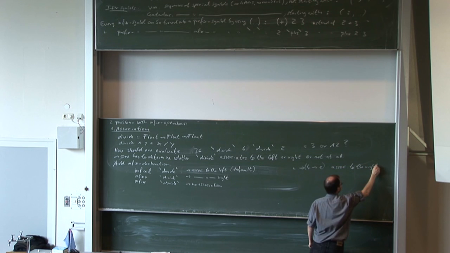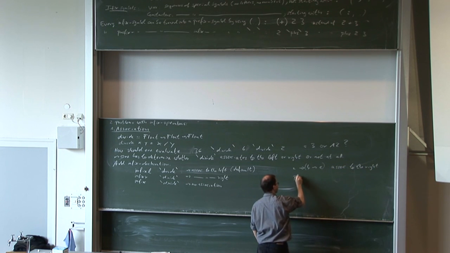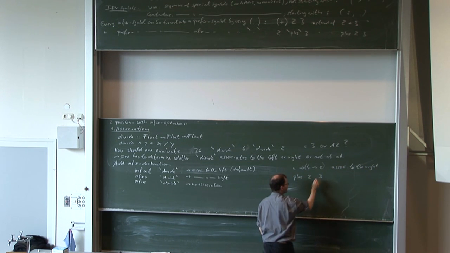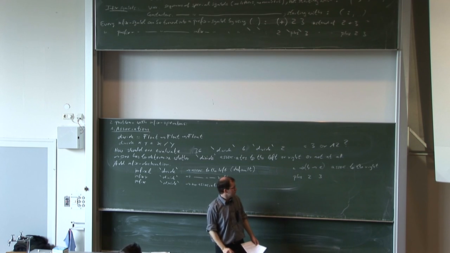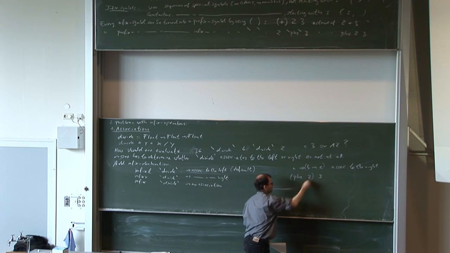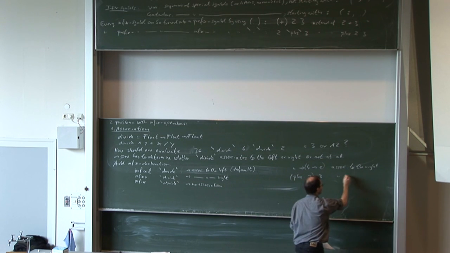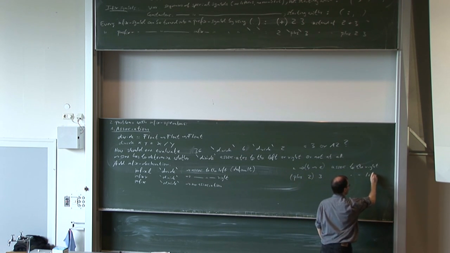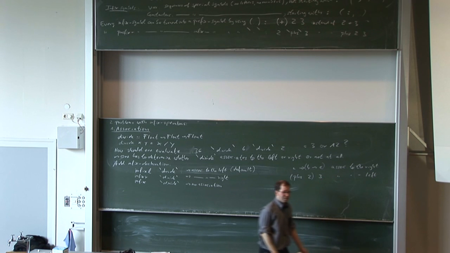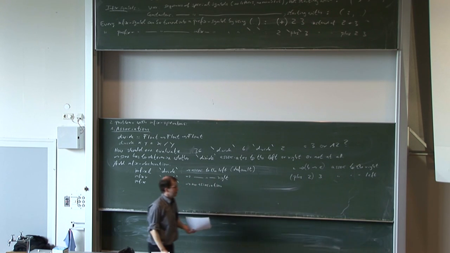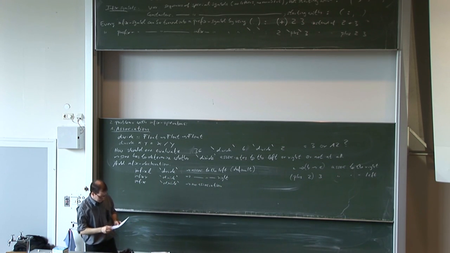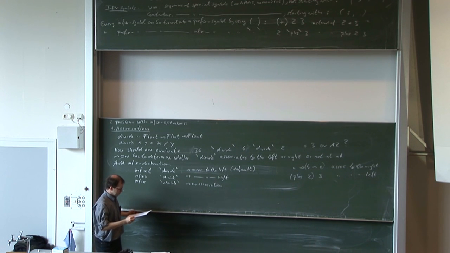And we also had something like function application. If you write plus 2, 3, then this is considered to be the same as first apply plus to 2 and then apply to 3. So this associates to the left. And this indicates that both can be sensible. There are cases where you want association to the right. There are cases where you want to associate to the left.